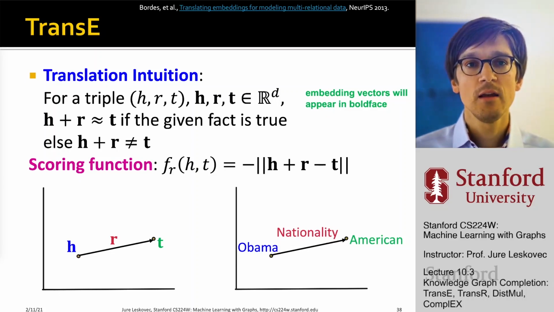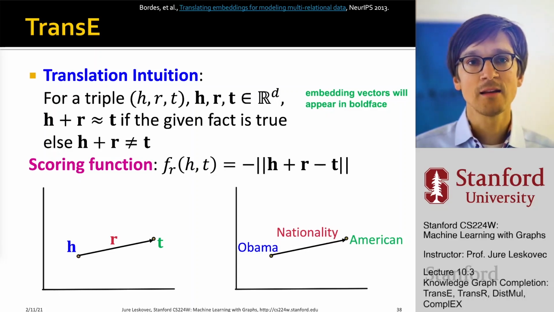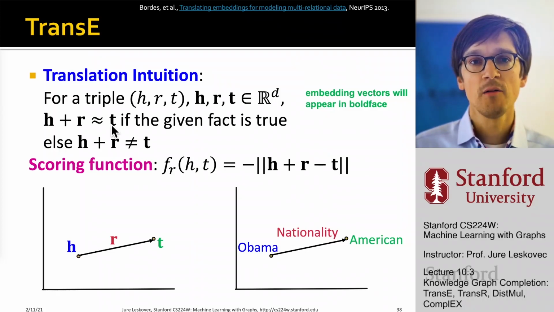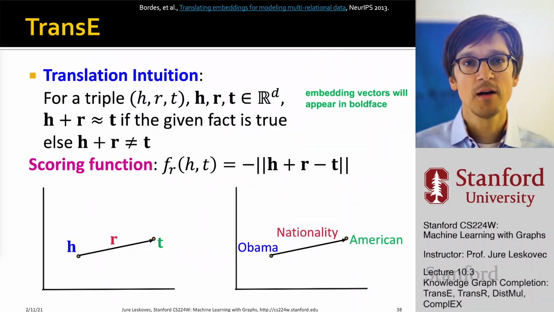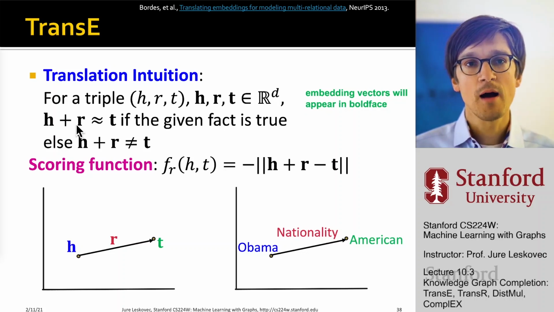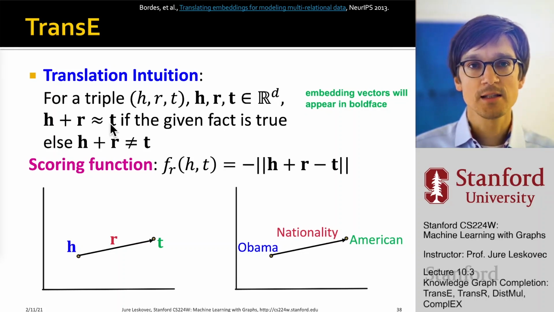The idea is that we want to find these embeddings in such a way that the head plus the vector r gives me the point where the tail is embedded. For example, if Barack Obama has nationality United States, then I want them to be embedded in such a way that if I start with Barack Obama and move according to this relation vector r, I would end at the point where United States is embedded.